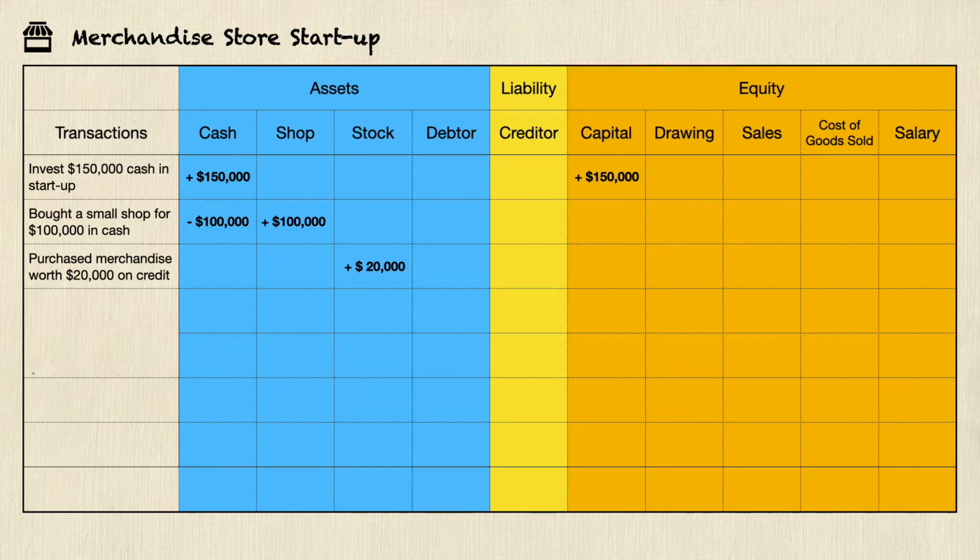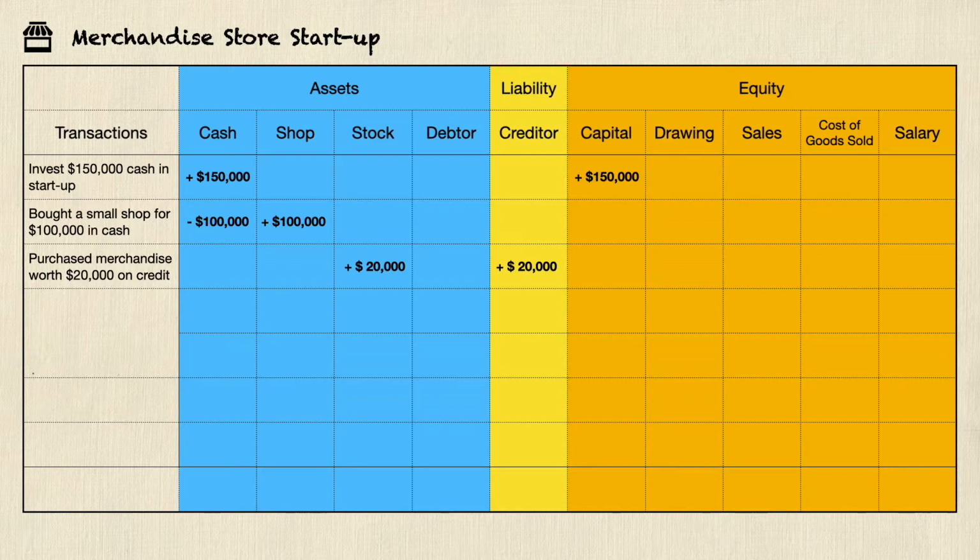There is no impact on cash as the owner has not paid for the merchandise. So there will be an amount owing to the merchandise supplier, which represents a claim on the resource of the business. This will result in an increase in liability under creditor.